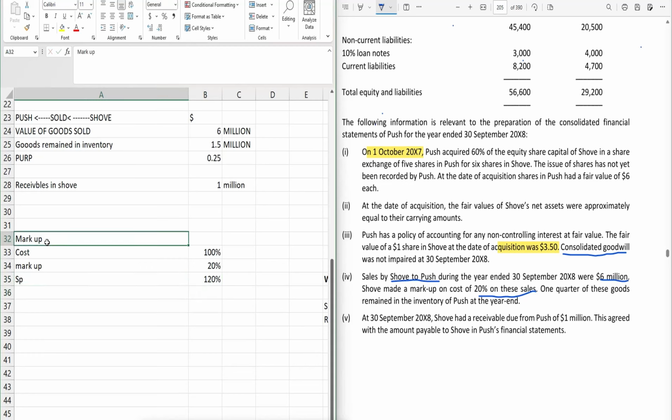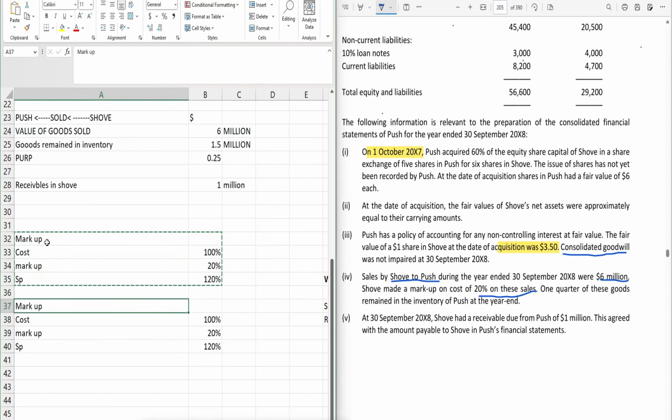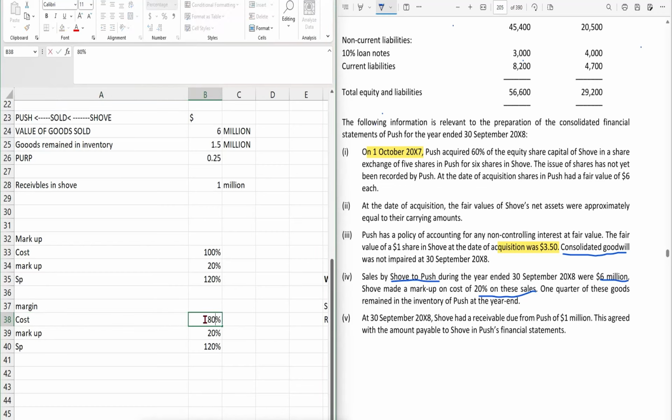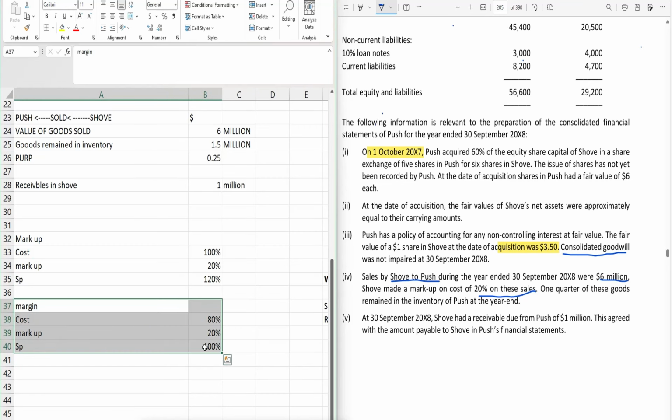But if margin has been given, in that case your cost will be no more 100%, it will be 80%, and your selling price will be 100%. So there is a difference between these two calculations. Please make sure whether the question has provided the markup or the margin, because the treatment will be different. But in our case, the markup has been provided, so I will omit this part.